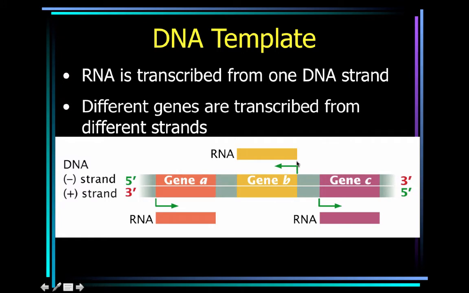But gene B is also going to be moving in the 3' to 5' direction, but using the other strand as a template. So with the double helix DNA, we tend to call one strand a negative strand and one strand a positive strand, just to keep the orientation correct.